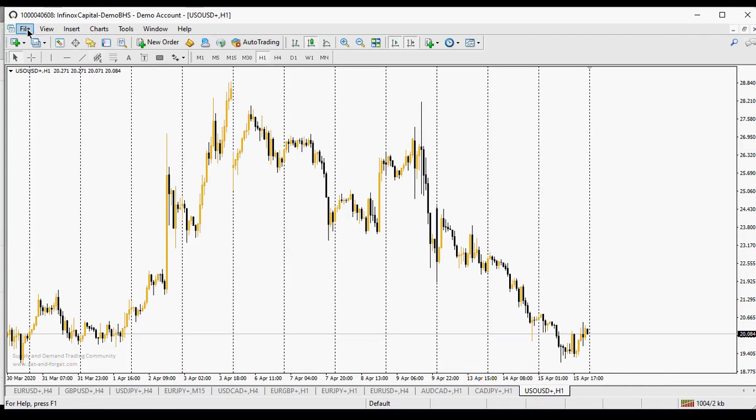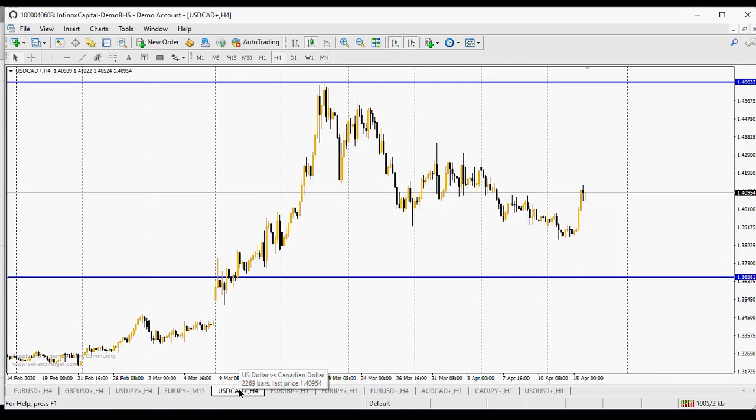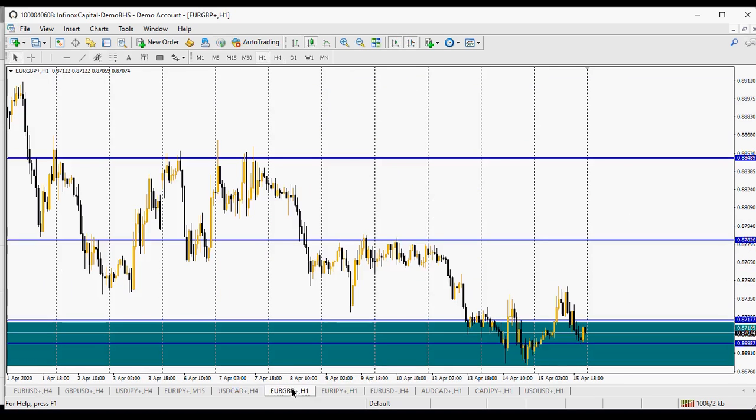And then for US dollars, you can see the US index strengthening. So throughout today, we had a very strong US move. US dollar was very strong today because the US index also gained strength.